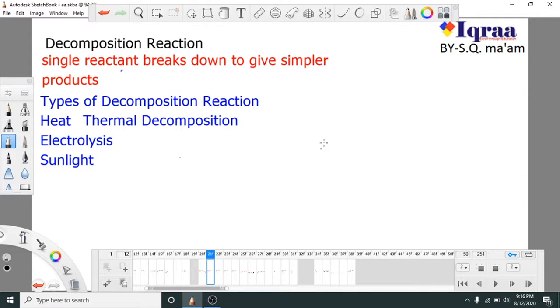If we are going to break, let's suppose this one. This is known as limestone, calcium carbonate, and after breaking or after decomposition, so there are so many types of chemical reaction, and right now we are particularly studying decomposition reaction, when complex substances break down.